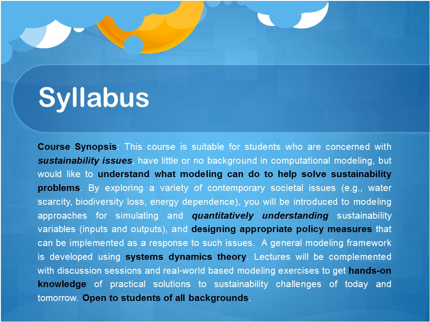So first and foremost, the first interest has to be on sustainability issues. You can get a modeling class in other topics elsewhere. So this is going to be a modeling class on sustainability matters or issues. And we're going to be honing in on understanding what modeling can do to help solve sustainability problems. So modeling is going to be a tool to solve these problems.